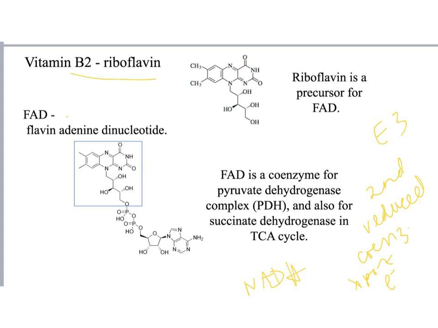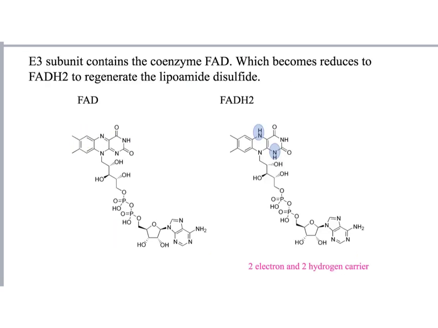So FAD stands for flavin adenine dinucleotide. So that means it again has 2 nucleotides. Here's one. Here's the other one. Just like nicotinamide adenine dinucleotide, they both have nucleotides in them, but the riboflavin has this unique 3-ring structure.